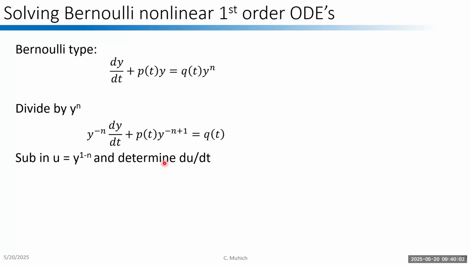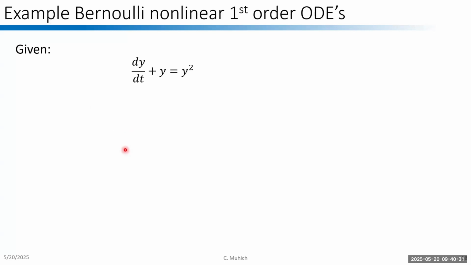When I do this, I can now solve in terms of du/dt, because du/dt equals (1 minus n) y to the minus n dy/dt, using the chain rule. I can take this information, substitute it in up here and solve. Let's look at an example.